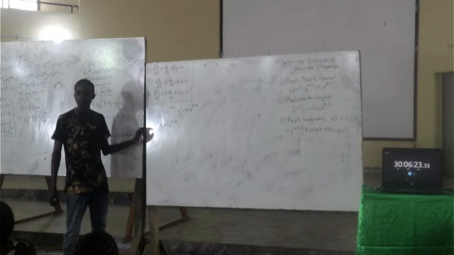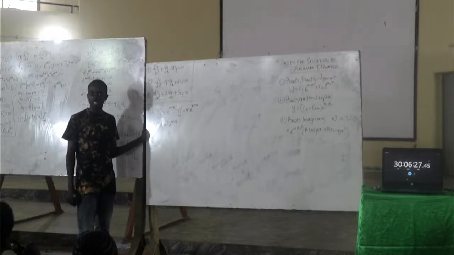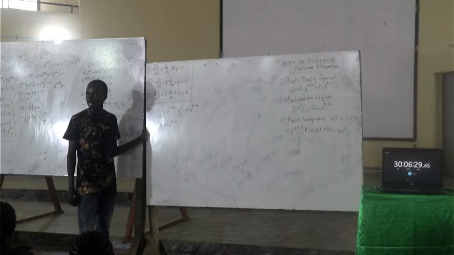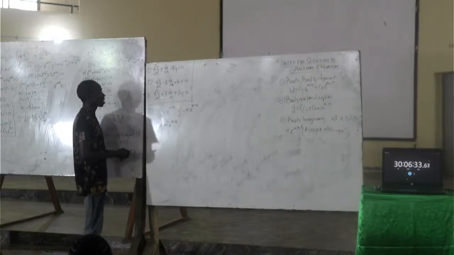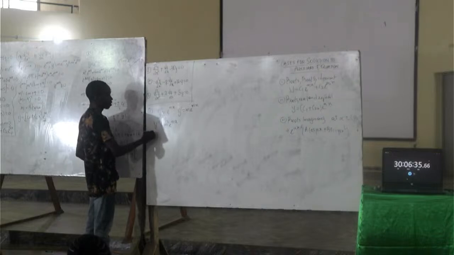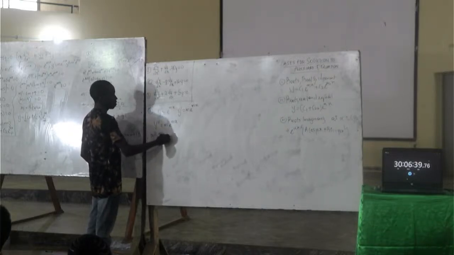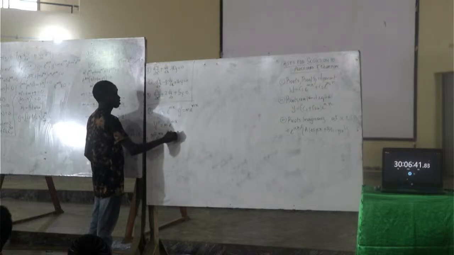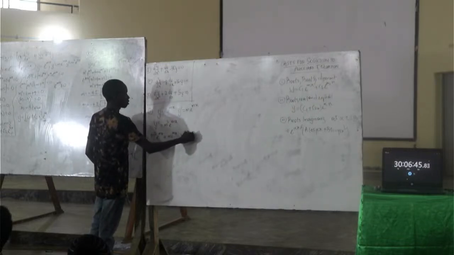Now for me, what will happen next? Substitute where? So what is the equation that I have there? I have m squared exponential mx plus m exponential mx minus 30 exponential mx equals 0.